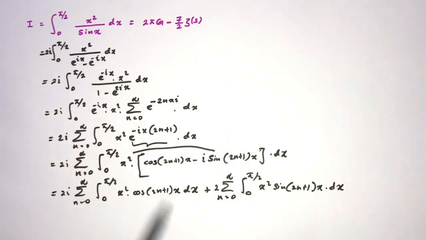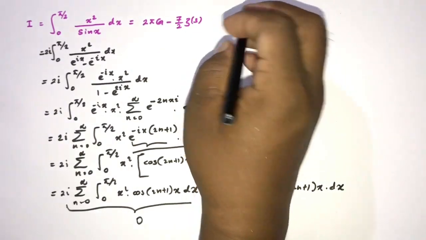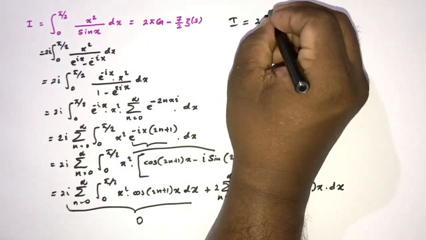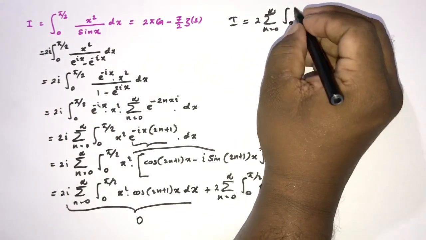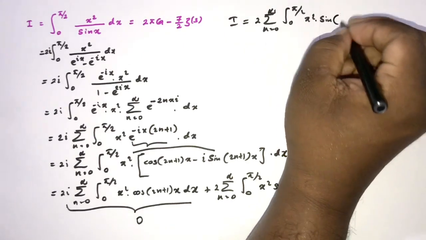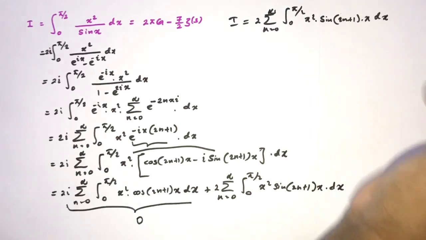Since the answer is real, this other part will be 0. So now I is equal to 2 times the infinite sum 0 to infinity of the integral from 0 to pi over 2 of x squared times sine of 2n plus 1 times x dx.